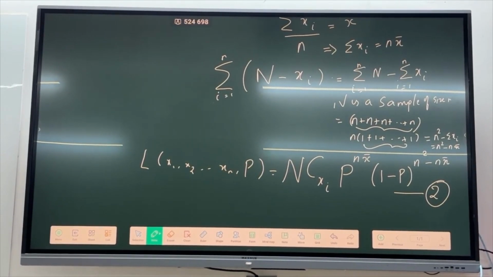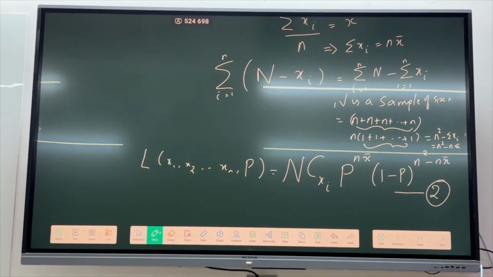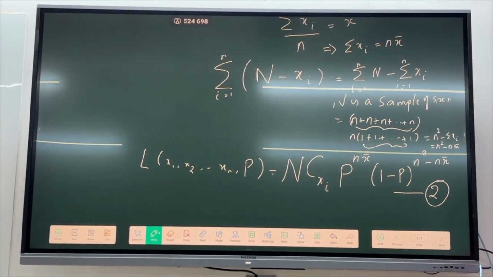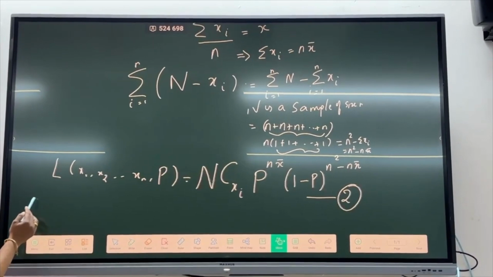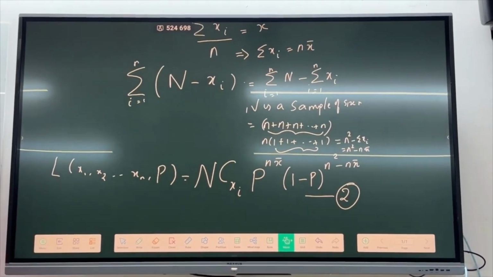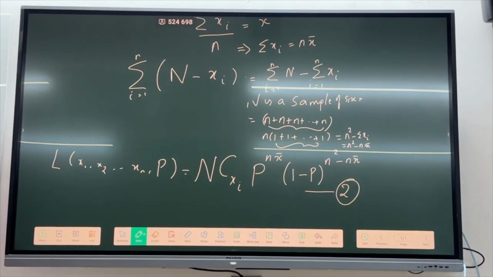Next, we have to find the maximum likelihood. We have to take the logarithm on both sides.